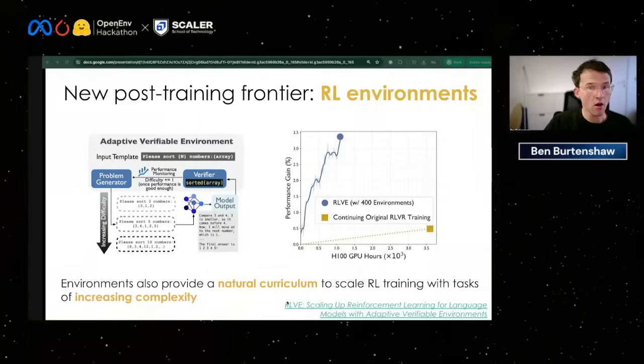We can take a look at the RLVE paper that showed that training with over 400 verifiable environments significantly outperforms static RLVR, which is reinforcement learning from verifiable rewards, because the model always trains at the correct difficulty. That's a really interesting takeaway from that aspect.